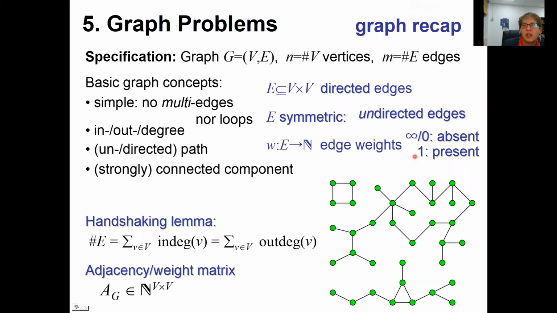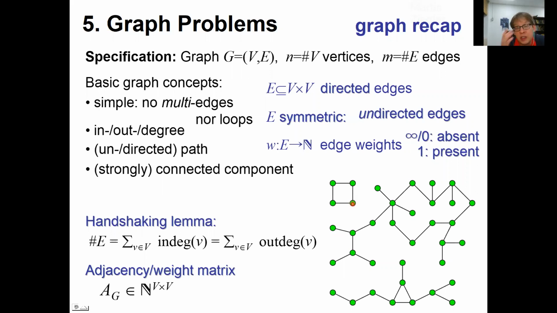Intuitively, we've already seen the connected components of this graph here, but let's verify that formally. These four vertices, any two of them are connected. For example, these two vertices are connected. There's a path from this vertex to this vertex for sure. You can verify formally that any two of these four vertices are indeed connected.